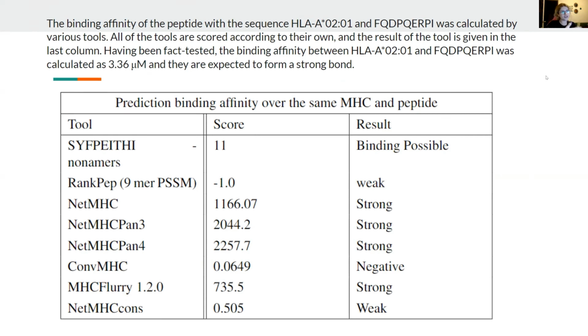It has three different models in there: NetMHC, NetMHCPan, and pickpocket. And pickpocket is a score-based model, and score-based models can be wrong. But NetMHC and NetMHCPan are suitable for us.